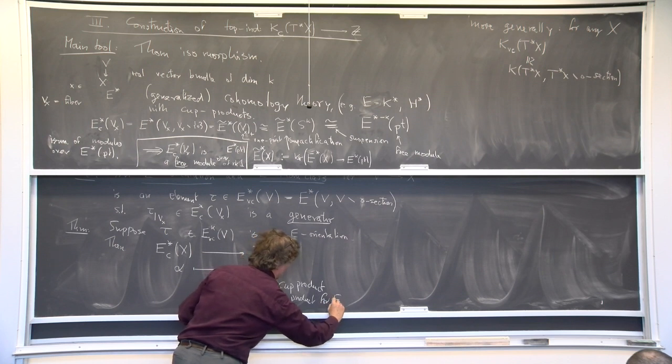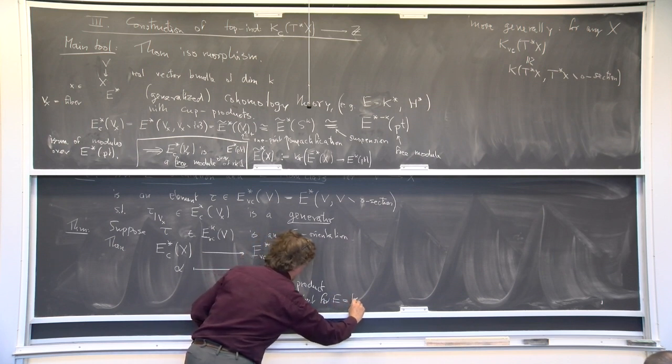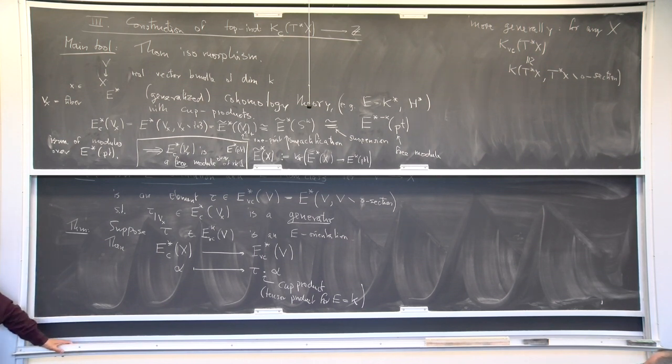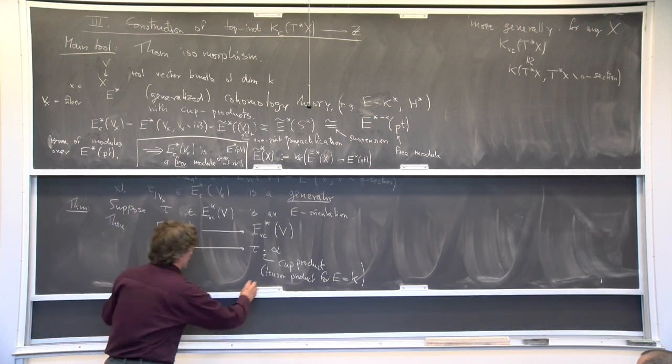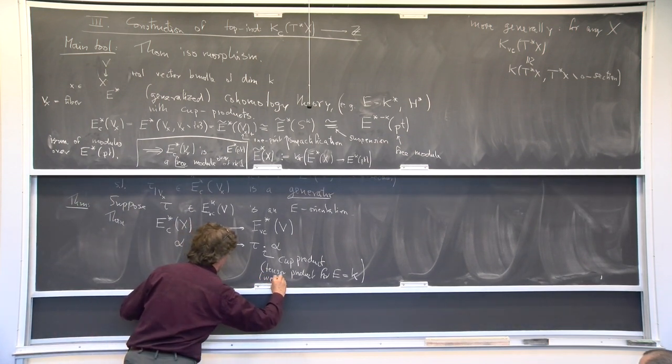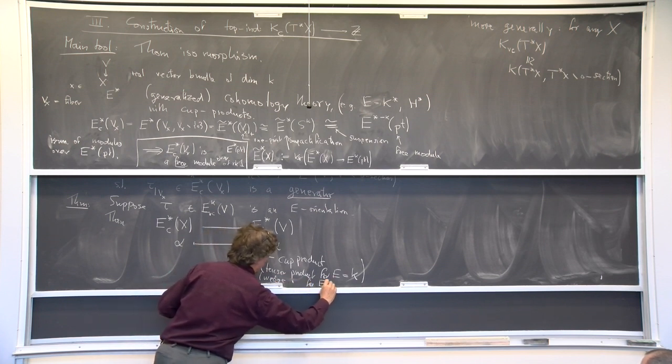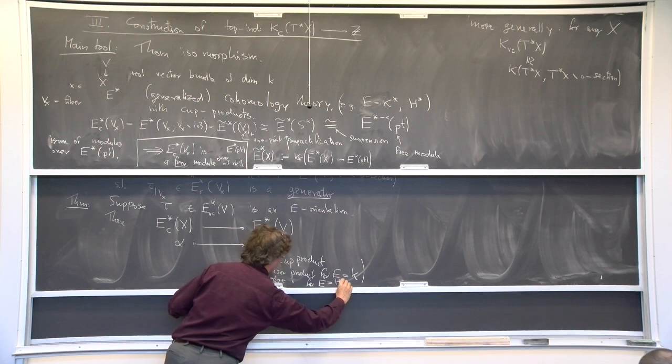If the cohomology theory is the K-theory. And it's the ordinary cup product if the cohomology theory is the ordinary cohomology, and is given by, if you think in terms of de Rham cohomology, it would be the wedge product of these forms. Okay, so wedge product if the cohomology theory is the de Rham cohomology.